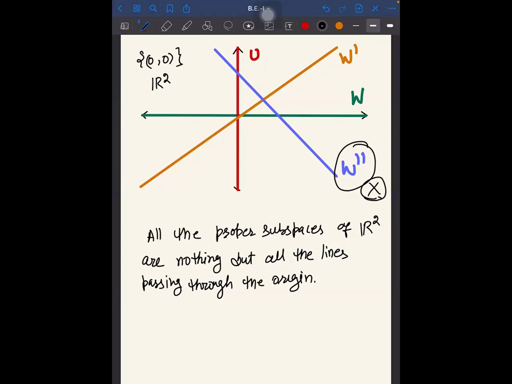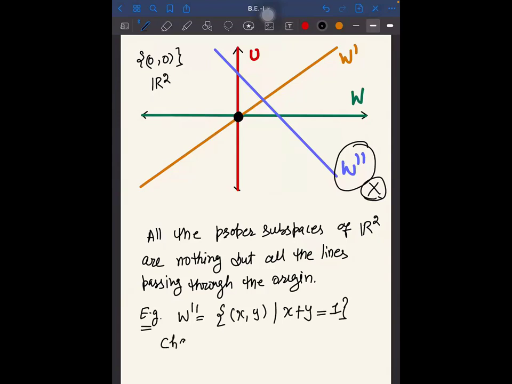Is it fine? So that point actually highlights the necessity of the origin as well. If you don't have the origin in your set, then this set cannot be a vector space. If the origin is not satisfied, the set doesn't deserve to be a vector subspace. If you see our third example, x plus y should be equal to 1, so you can straight away discard the possibility of W dash as a subspace.